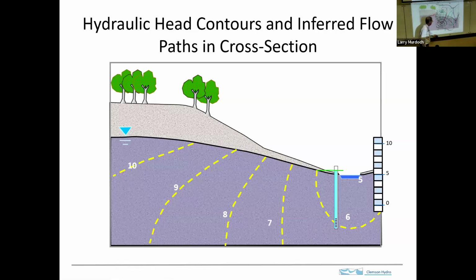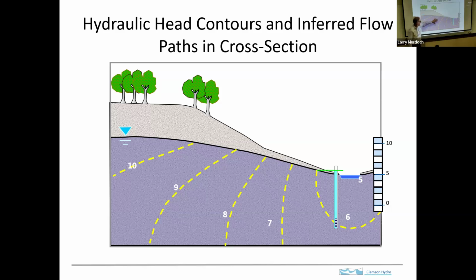But what we're also interested in is what happens when we look at cross sections. So here's a cross section, and these are hydraulic heads. And we can see we have a flow system that looks like that. It goes up to the stream.